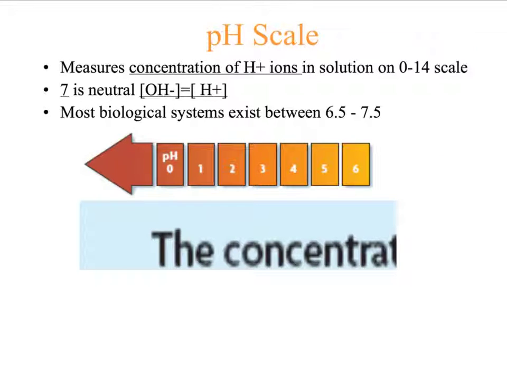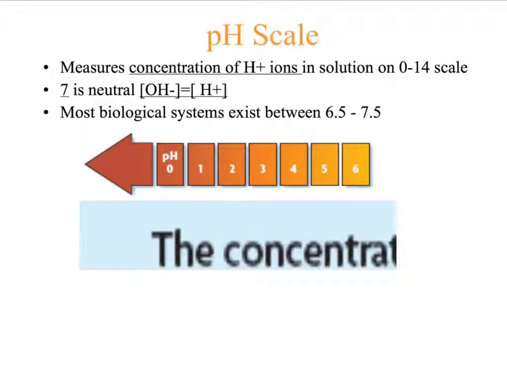So, the other thing that a lot of people know about acidity is that we use the pH scale to measure it. Well, the pH scale is just a concentration of hydrogen ions. Concentration really means how much of the solution is made up of hydrogen ions.